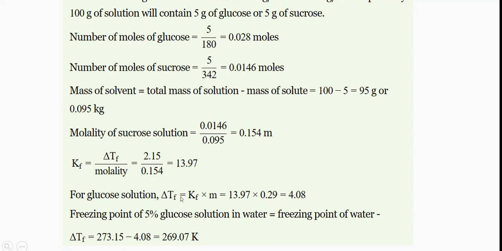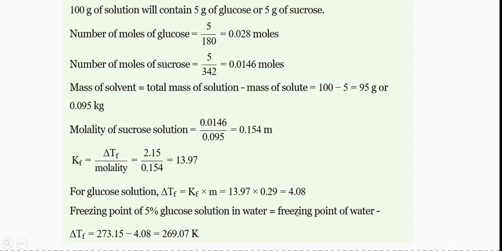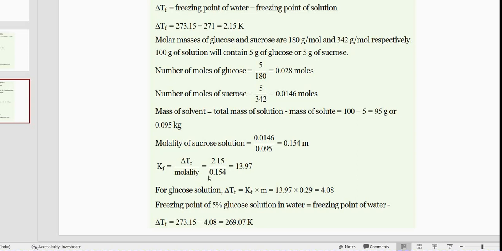If we subtract this del Tf value from the freezing point of pure water, we can get the exact freezing point of glucose solution. That is 5% glucose. The freezing point of pure water has been given already, that is 273.15, minus the del Tf value we obtained now, 4.08 for glucose solution. So the actual answer is 269.07 Kelvin. This is the answer required.